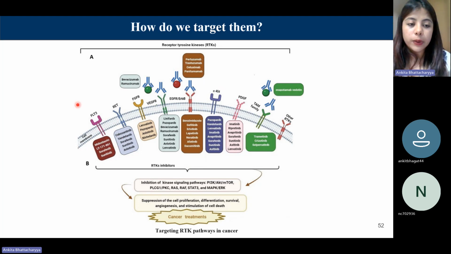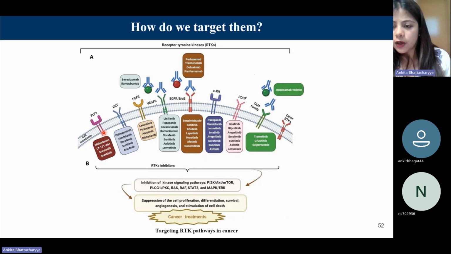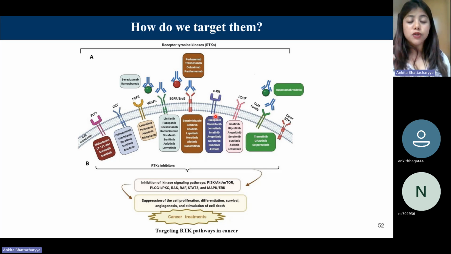If this person has very hyperactive signaling of FLT3, VEGFR and say PDGF, all three of these pathways going wrong in that person, then well and good. Using sorafenib is going to be a wonderful strategy in that case, because it will block all these three pathways, and therefore cancer cells' ability to proliferate will be completely disrupted.